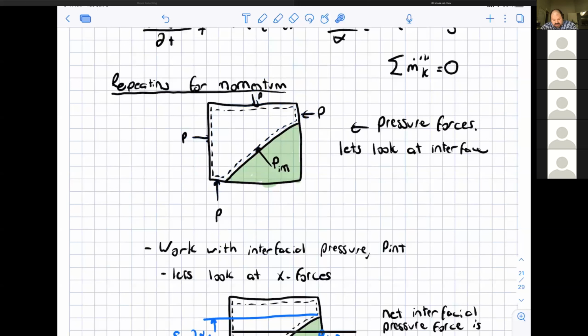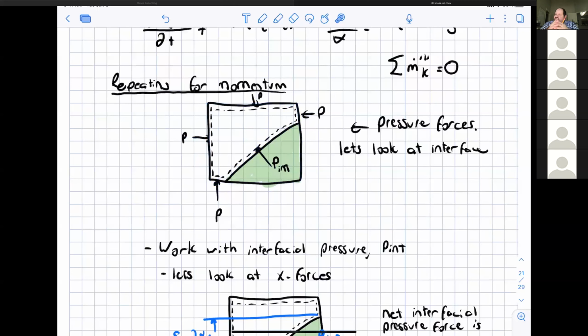But also there is some interfacial pressure, P-int, from the liquid that is also pushing on the gas, and then the same interfacial from the gas that is also pushing on the liquid. So again, this is one of those interfacial things that is not present if you do an entire control volume, but then that doesn't really allow you to separate the phases in a rigorous fashion.